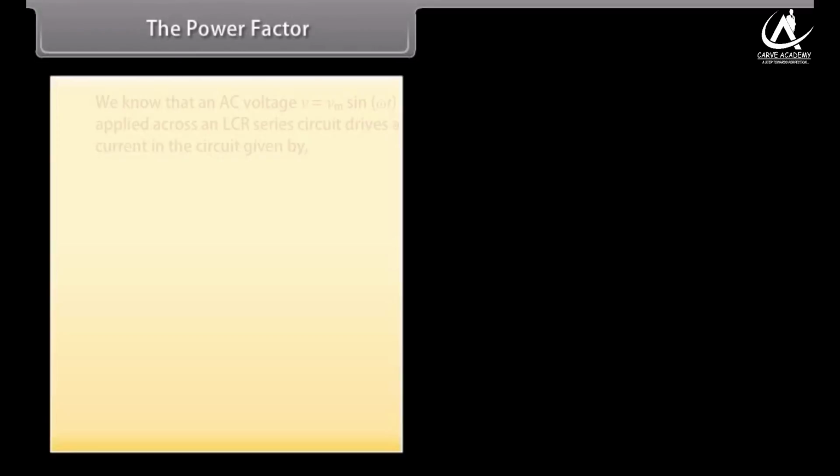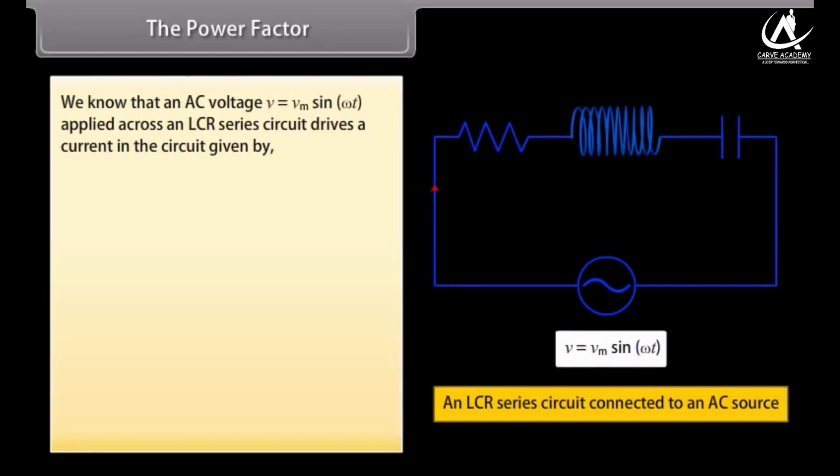The power factor. We know that an AC voltage V equal to Vm sin omega t applied across an LCR series circuit drives a current in the circuit given by Im sin omega t plus phi.